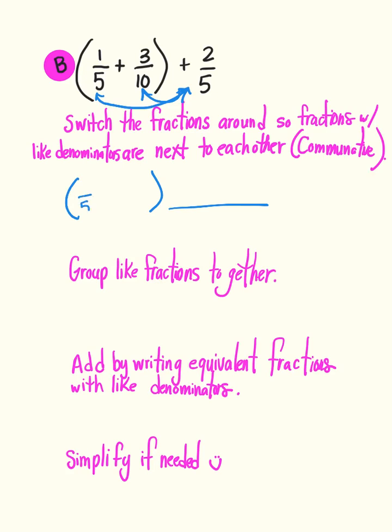You're going to want to have like denominators plus this one's random. Then you're going to group them together, so you're going to group them like we did here. That's grouping them together. Then we're going to add by writing equivalent fractions. So after you add these together, then you're going to figure out the equivalent fraction. Use the ladder method here, and then you're going to simplify if you need to.